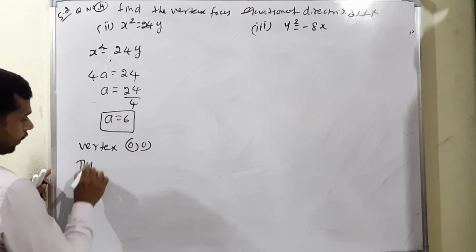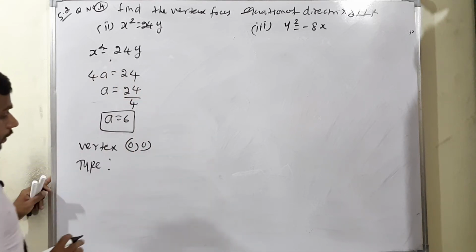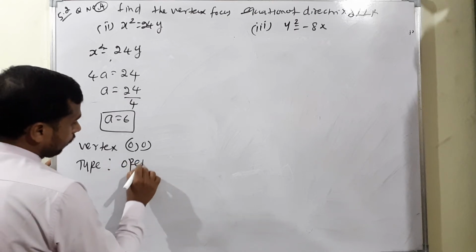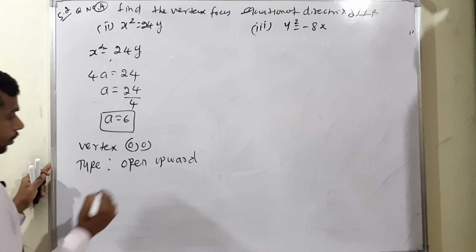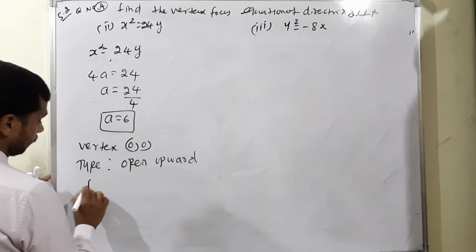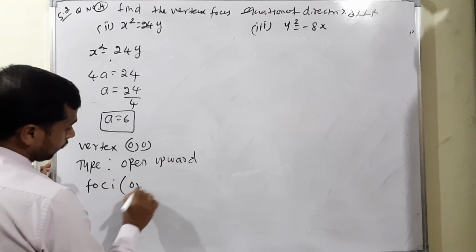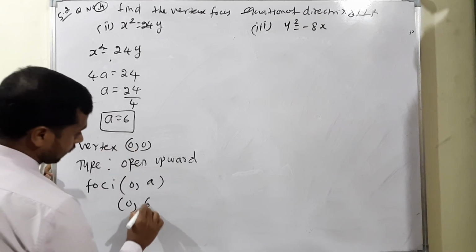Then the type. So x square is equal to 4ay. X square is equal to a positive term, which means this is open upward. Okay. So open upward means after getting the vertex value, then focus. Simply we can say open upward means 0, a.